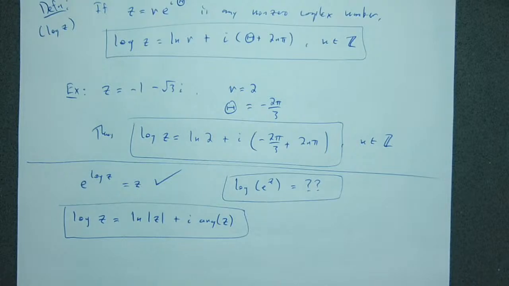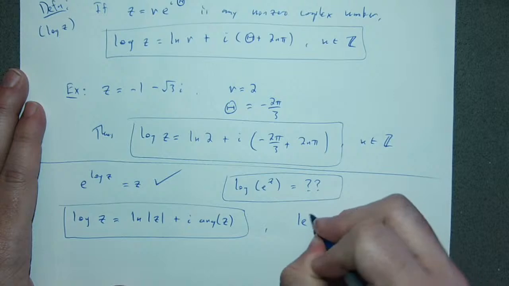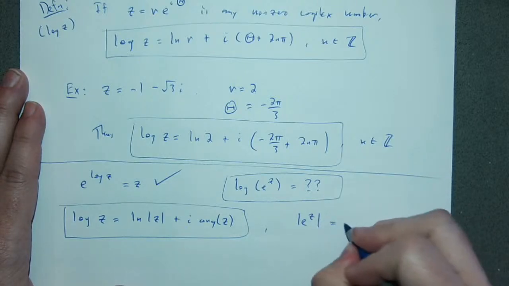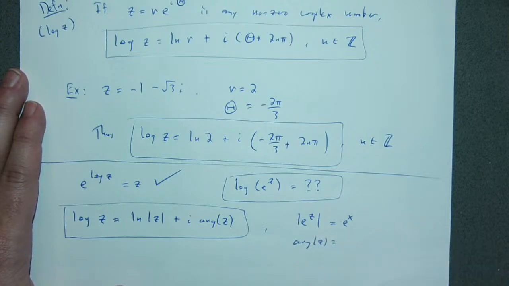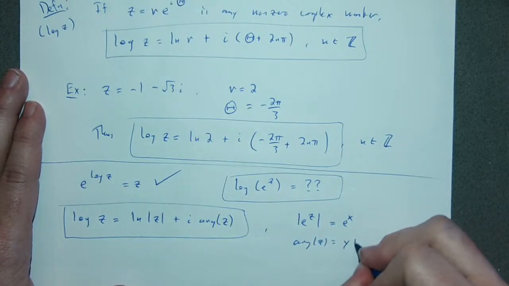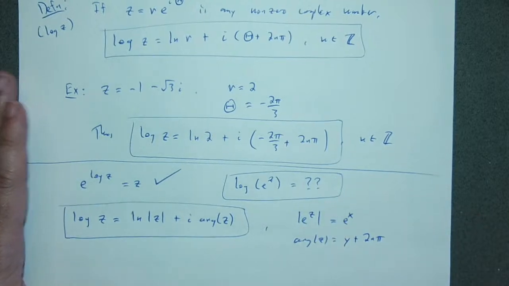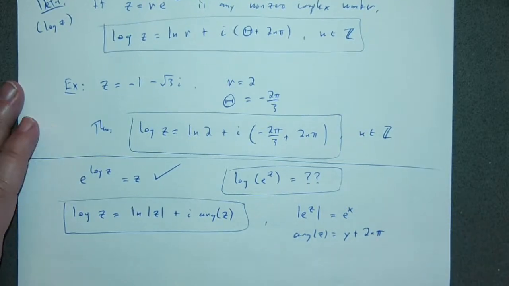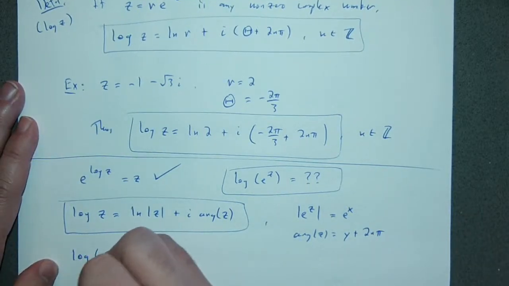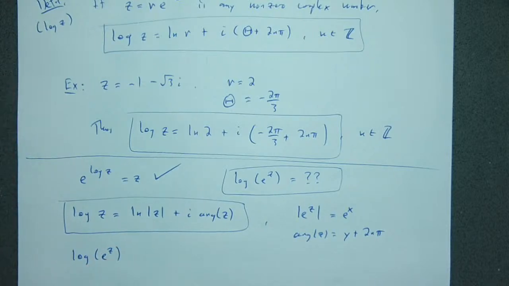And of course, we know that the modulus of e to the z is e to the x, and the argument of e to the z is just y plus 2n pi. We took y to be that principal value, or rather, we took the principal value to be y. And so, if I were to look at log of e to the z using this, then what do I get here?